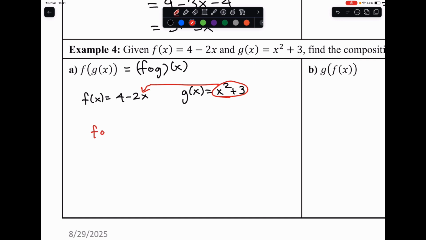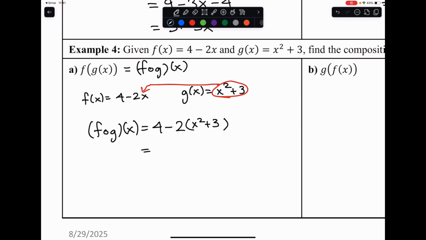So the fog of x will equal 4 minus 2 times the value of x. And we're going to replace that again with x squared plus 3. Now to simplify this is going to require us to distribute.